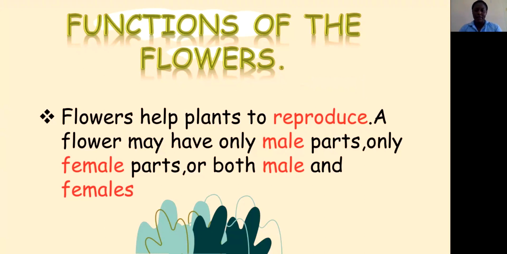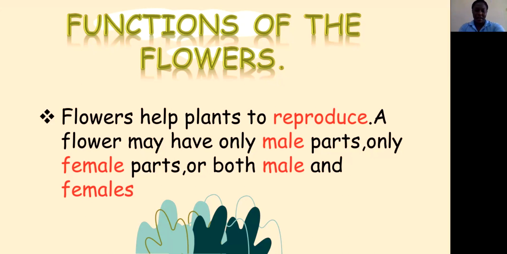The flower is a part of a plant that helps for reproduction. Reproduction is done in the flower. Making food is done in the leaf. Also, reproduction is done in the flower. A flower may have only male parts, can have only female parts, or both, male and female.